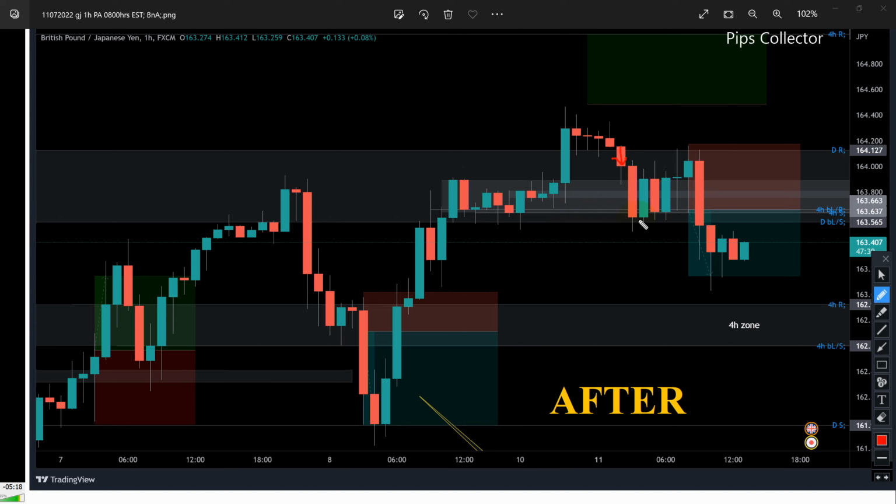So all I needed to do was use one of two methods. I could put my sell stop pending order below this structure, then hold it. I'm very sure that even if my stop loss is here, it's going to give me my 1 hour. That is certain because the same thing occurred somewhere here.